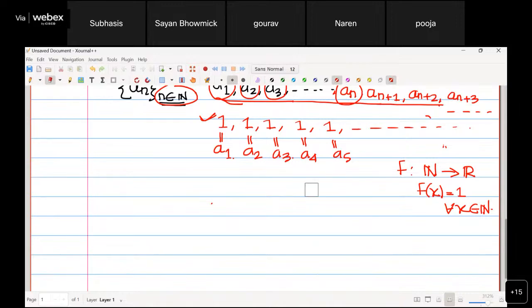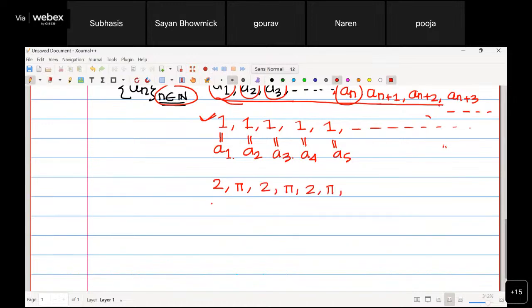For example, let's say this is my sequence: 2, pi, 2, pi, 2, pi, and so on. This is a sequence because my A1 is 2, my A2 is pi, A3 is 2, A4 is pi, and so on.